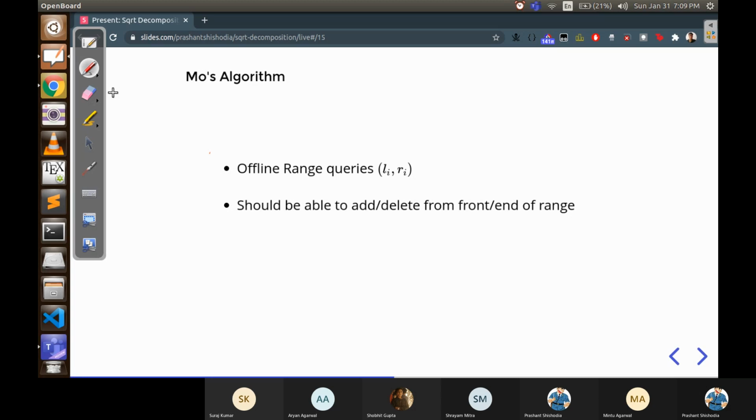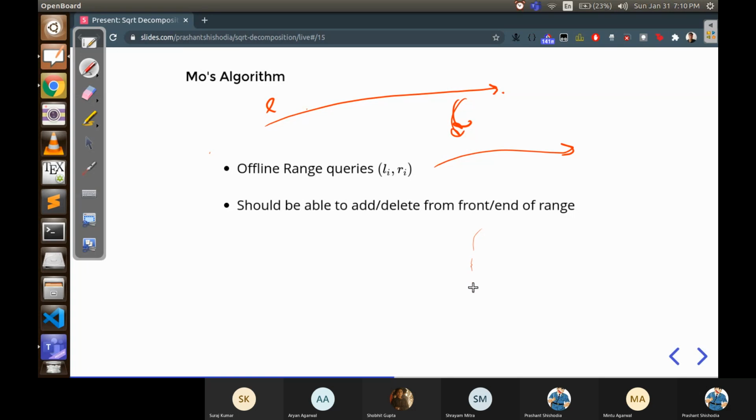What Mo's does is it solves the queries offline. What I mean by offline is that you are given all queries beforehand and you are allowed to answer all of them later.